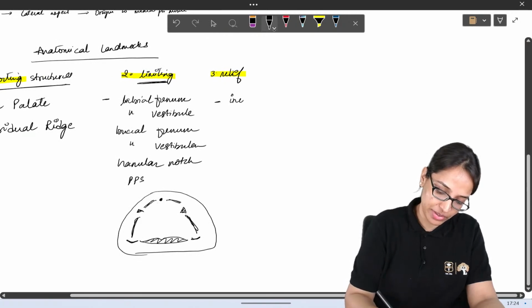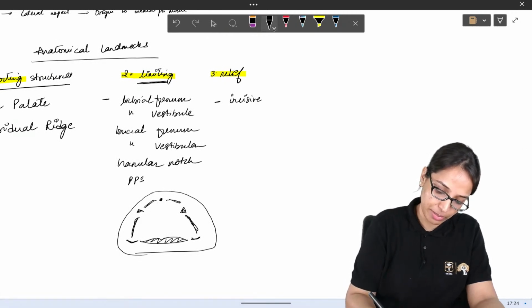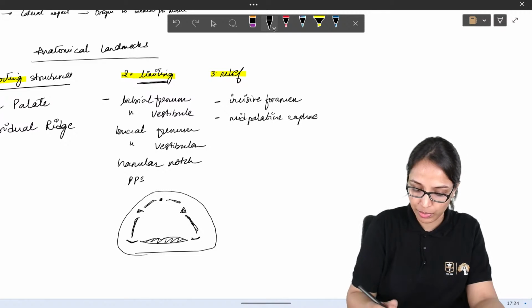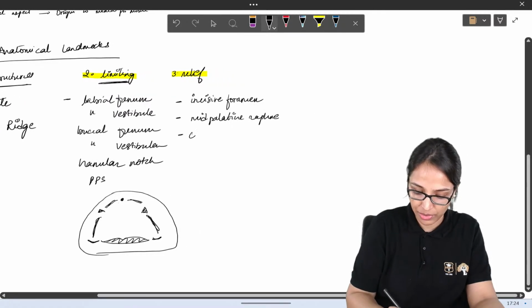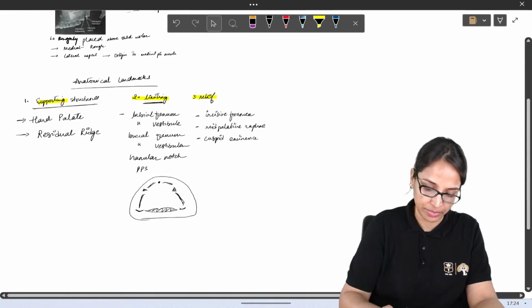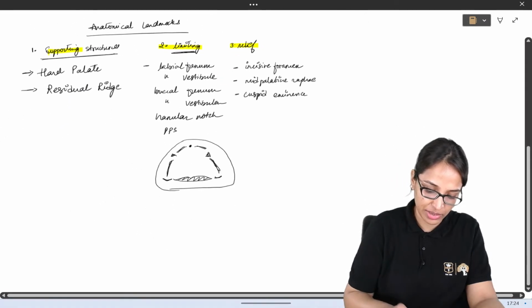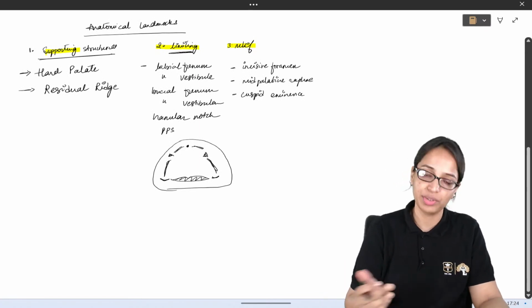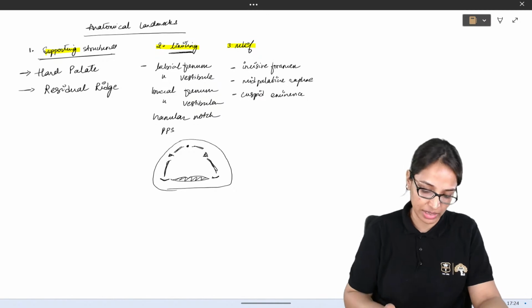So, among relief areas, you have the incisive foramen or incisive papilla, which is present over the foramen. You have the mid-palatine raphe. These would make up your relief areas, and you have your cuspid eminence, which is a bony eminence around the canine, which should be relieved from the denture, right? So these are all the structures grossly divided into three headings: supporting structures, limiting structures, and relief areas.